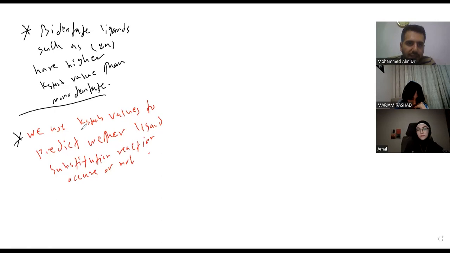We will use Kstab values to see if the reaction occurs or not.